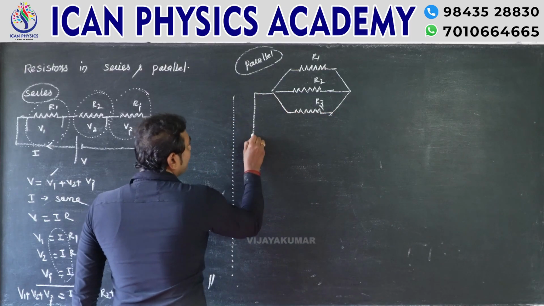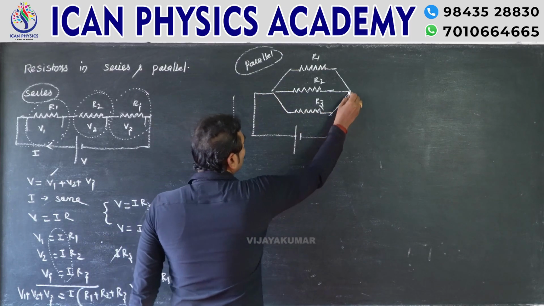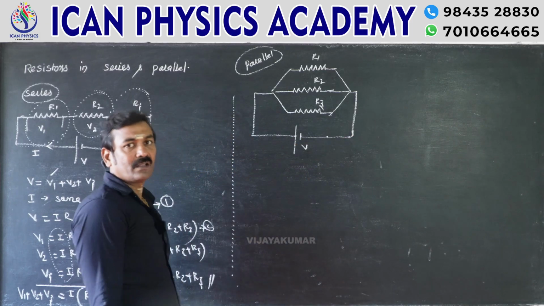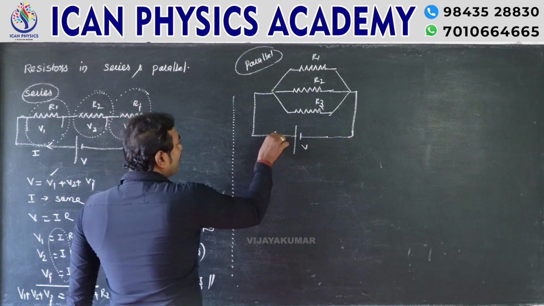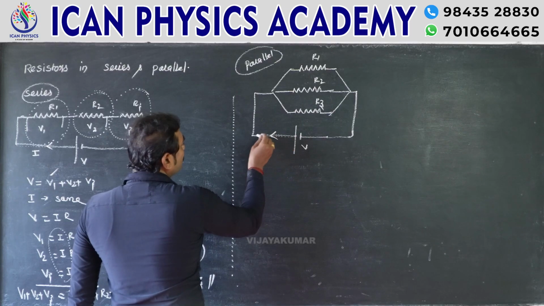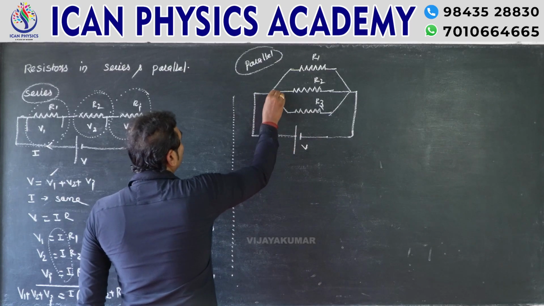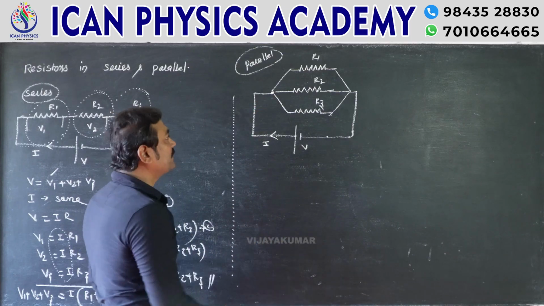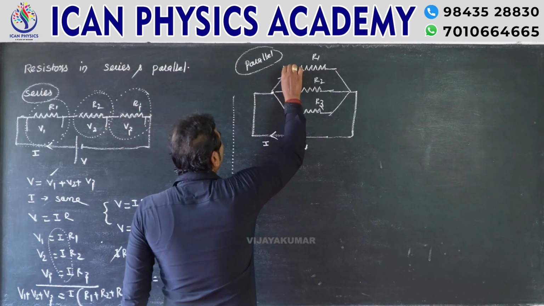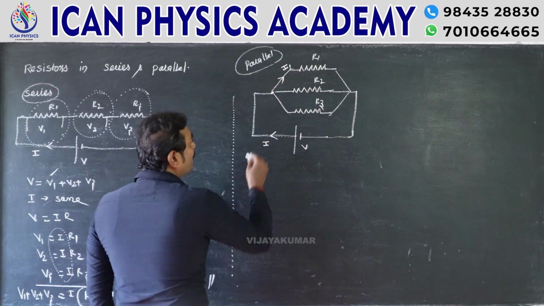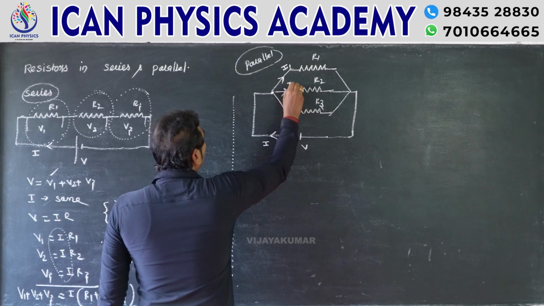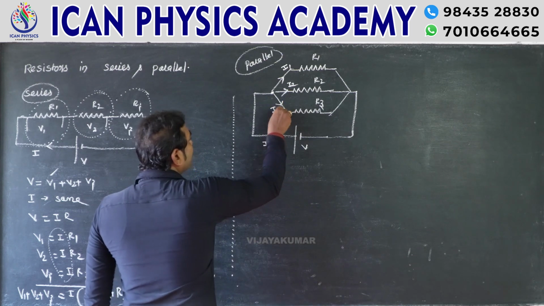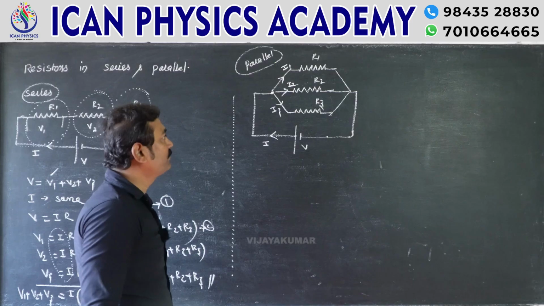When it is connected with the external source V, the current I flows and comes to the junction. When it comes to the junction, it splits into 3. In the first arm, it is I1; in the second arm, I2; in the third arm, I3.